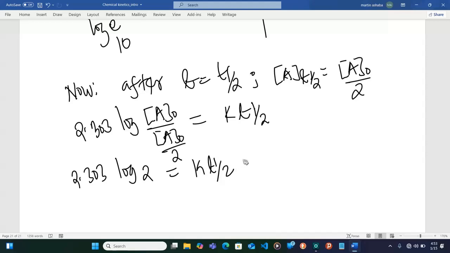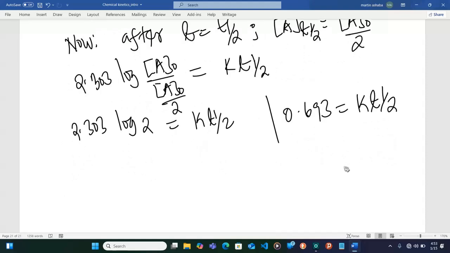So let's see, 2.303 times the logarithm of 2 to base 10. This gives us 0.693, equivalent to k t a half.